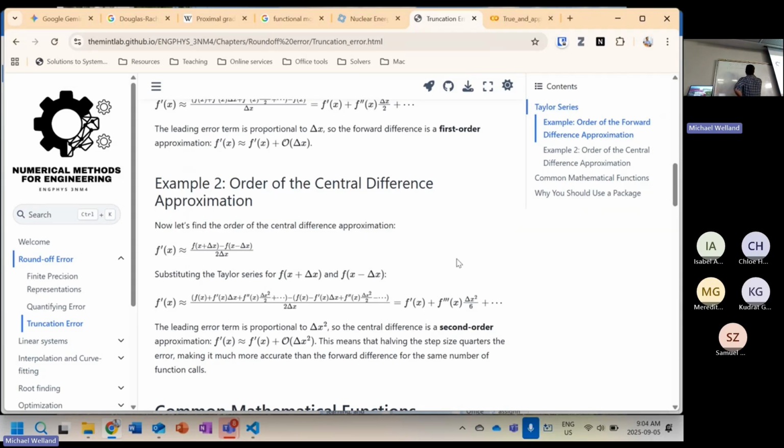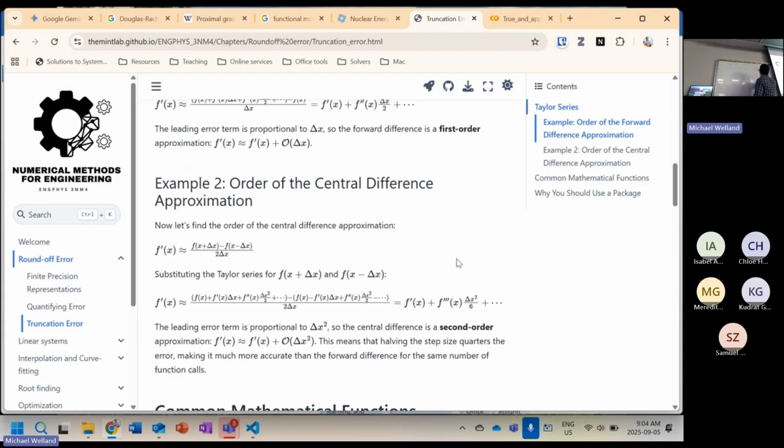Minus f at x all over delta x. Everybody remembers that part, right? Okay. And then I think this was minus f double primed delta x over 2.